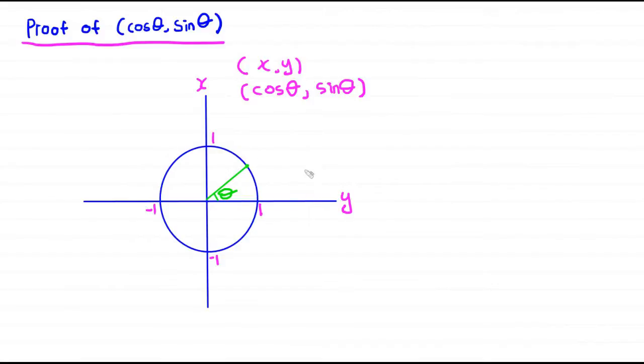And we can make a right triangle in order to prove cosine theta and sine theta.